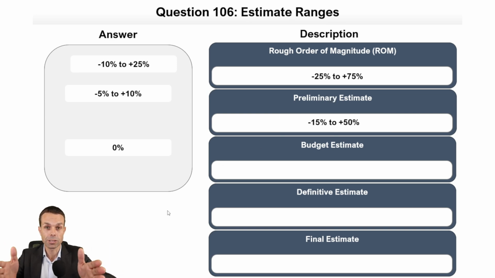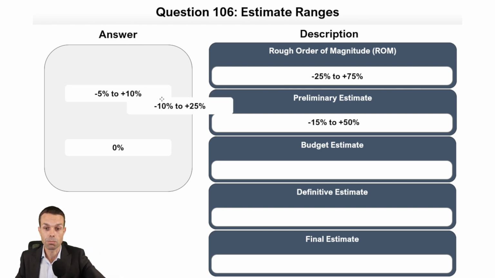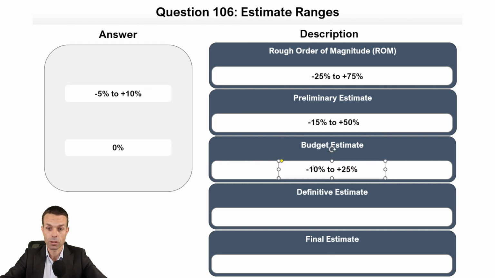As we're getting closer and things are becoming more defined, we can bring in our estimates. The budget estimate, typically what we would put into a budget, we're going to say it's -10 to +25%, and we can often begin our project at that point.